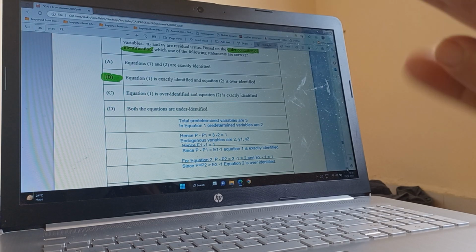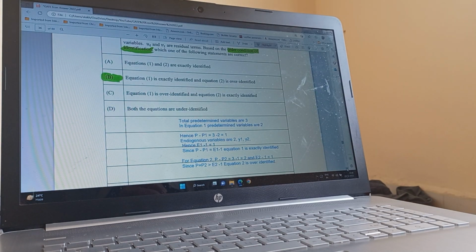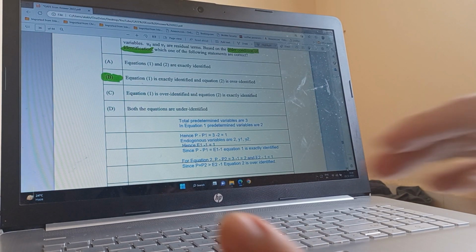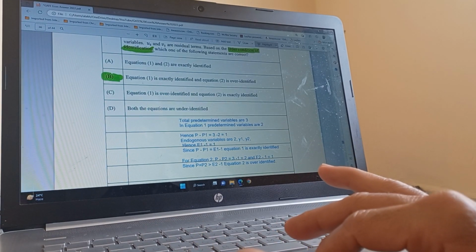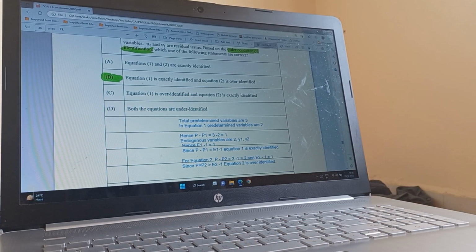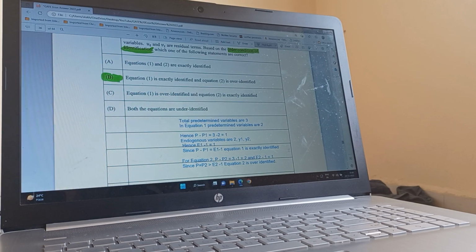So the way of identifying whether an equation is exactly identified or over identified is that you have to check the predetermined variables and then endogenous variables, and see how many predetermined variables are total and how many are in equation 1.